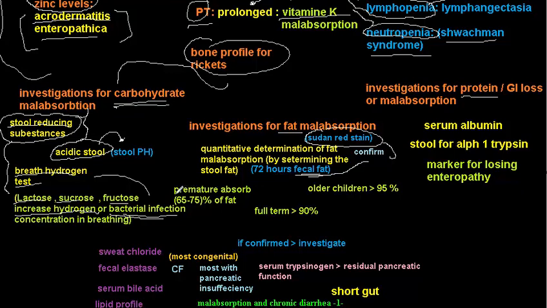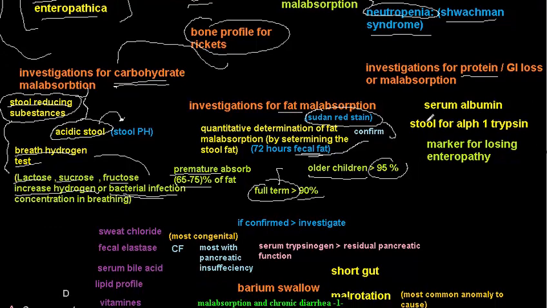Normally in premature babies, they absorb about 65 to 75% of fat, so it's normal to find about 25% of fat in a stool, okay. In full term children, we have 90% absorption, so no more than 10% fat is acceptable in the stool. In older children, about 95% fat absorption happens, okay.